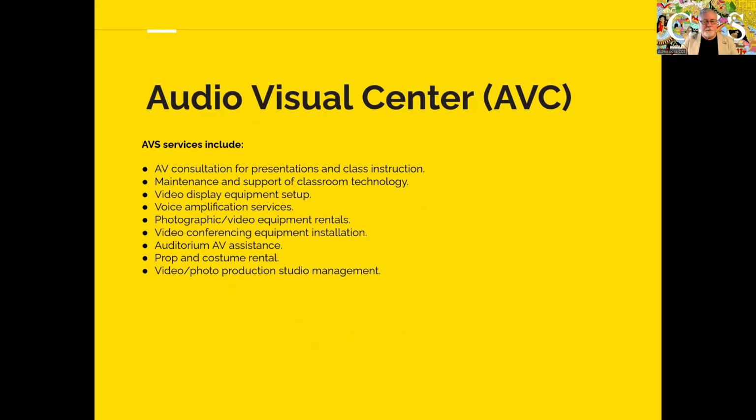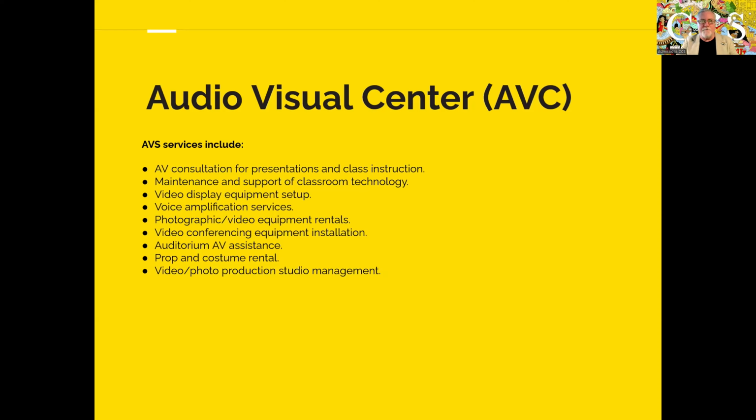And again, I think it's good enough to talk a little bit about our AVS, our audiovisual services. They include things like the checkout, but something you probably weren't aware of is we have a wonderful prop and costume rental checkout, which is very unique, I think, to our school, but also the video and photo production and studio management, photo equipment, on location lighting equipment, all kinds of stuff.